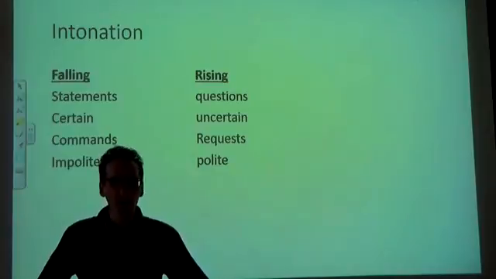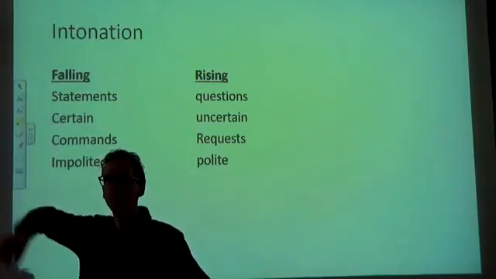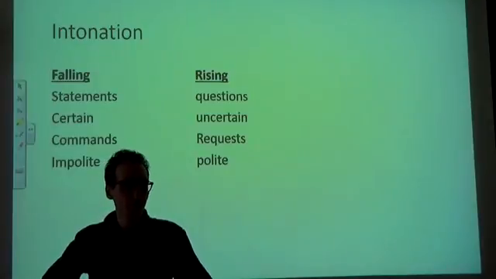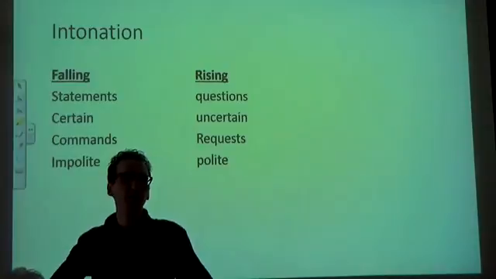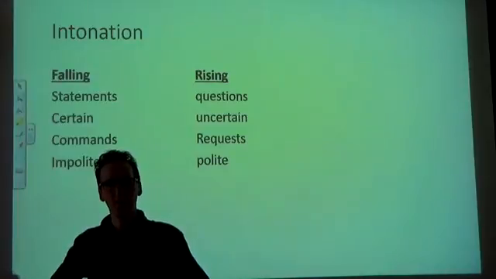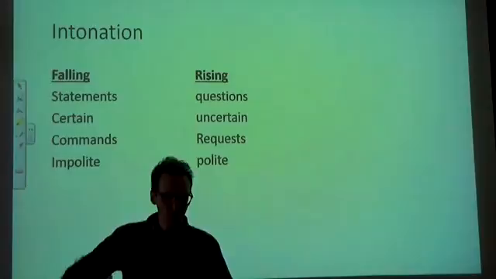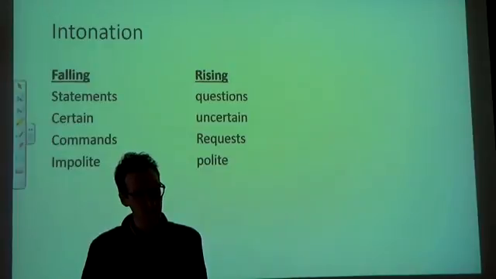Now, high falls and high rises, higher intonation, is something typically British and it sounds polite. Low falls and low rises sound less polite. And that's exactly the difference between Dutch and English. So if you have a Dutch accent, or if you're Dutch, pay attention to that.